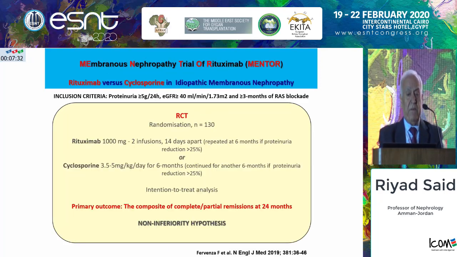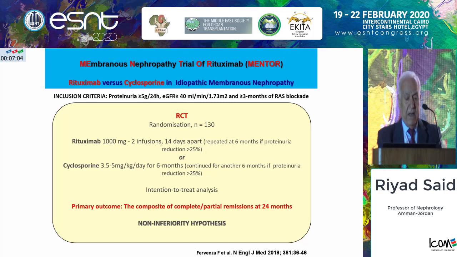And then the second one, the MENTOR study, the rituximab membranous nephropathy trial, again comparing rituximab with cyclosporin in idiopathic membranous nephropathy, a randomized controlled trial, 130 patients. Rituximab was given as 1,000 milligram infusion 14 days apart and repeated 6 months later if proteinuria is still high. Cyclosporin was given 3.5 milligram per kilo.